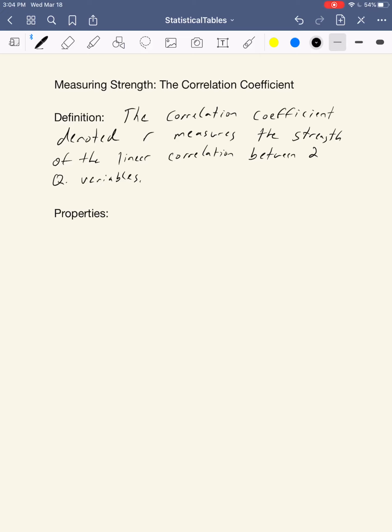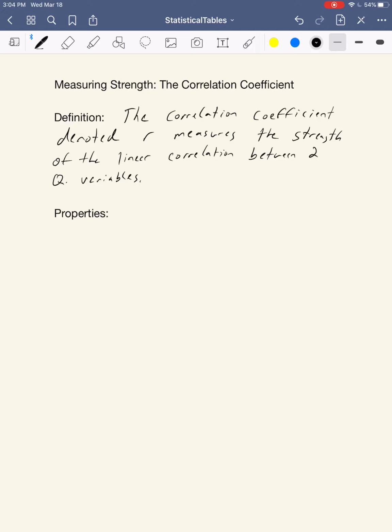There's a separate video on our YouTube channel that you can watch to see how to use your TI calculator to calculate the correlation coefficient, along with some other things that are useful when doing correlation and regression. I would recommend watching that video so that you are comfortable using your calculator to calculate the correlation coefficient as well as those other things.